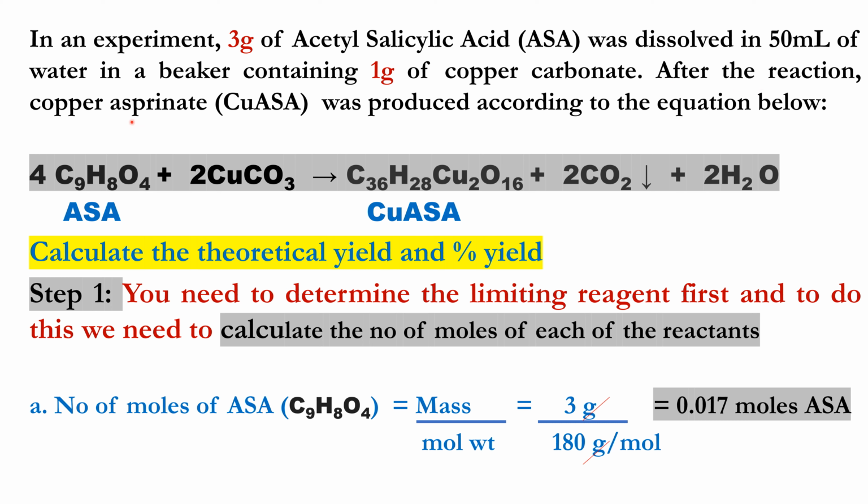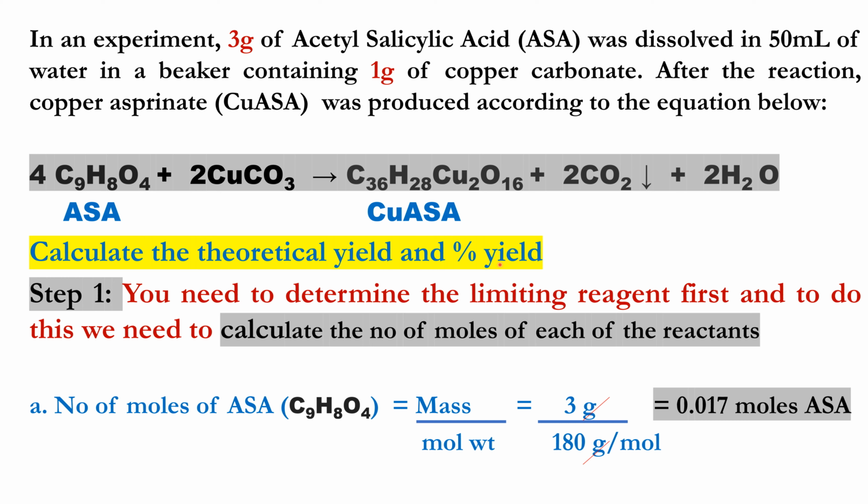After the reaction, copper-2 asprinate, in brackets, this is the short form of it, was produced according to the equation below. So this is your acetylsalicylic acid, this is copper-2 carbonate, and this is your copper-2 asprinate. You are asked to calculate the theoretical yield and percentage yield.